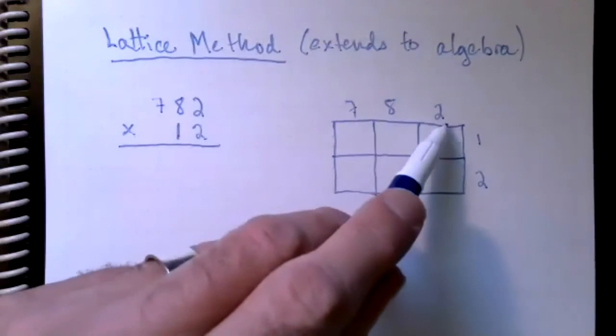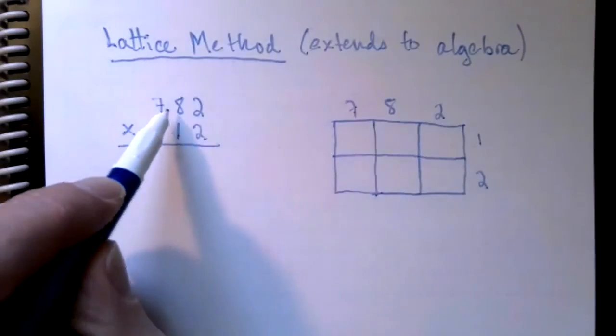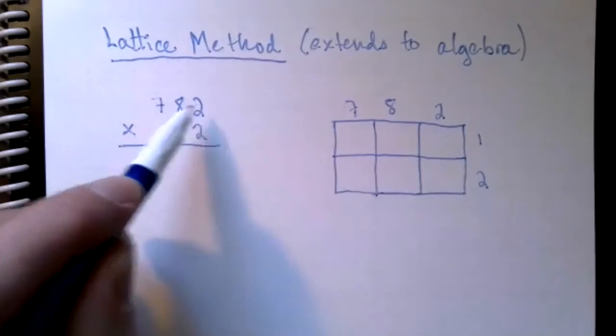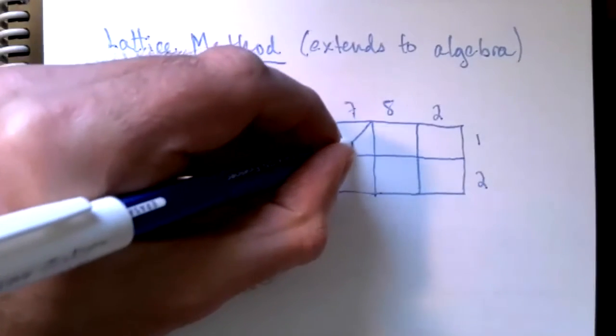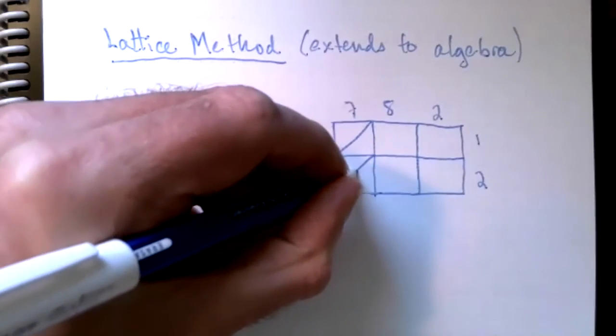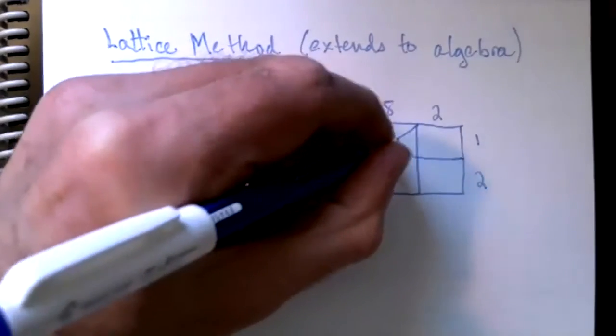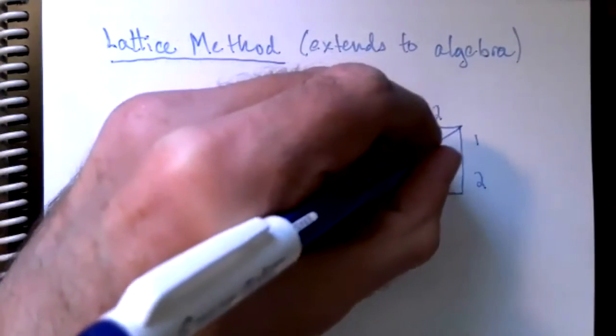Pretty easy to understand where those came from. Those are across the top. We're putting this one down the side. I want you to cut each of these squares in half.